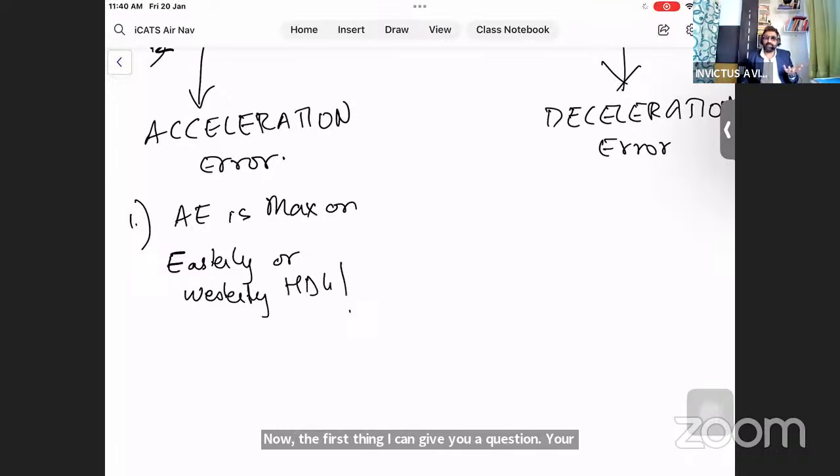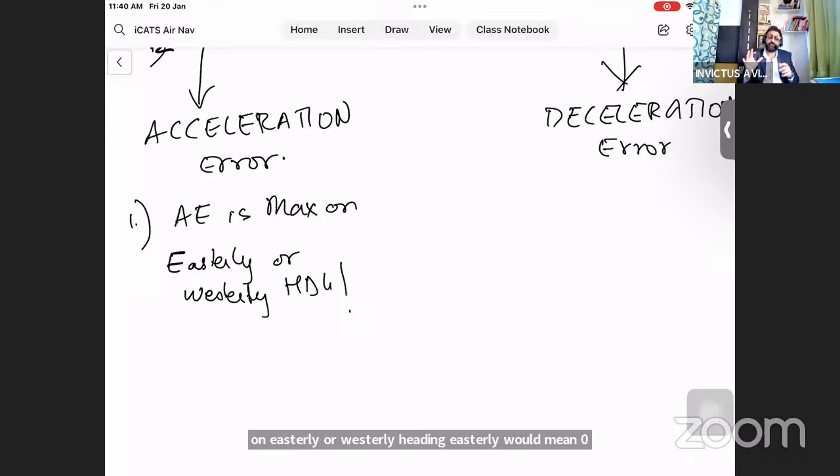For a pilot to fly, acceleration error will be maximum on which of the headings? Option A, 090. Option B, 100. Option C, 110. Here, you will say it is maximum on easterly or westerly heading. Easterly would mean 090 as a more accurate answer.